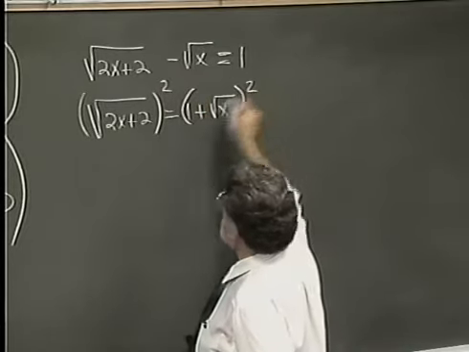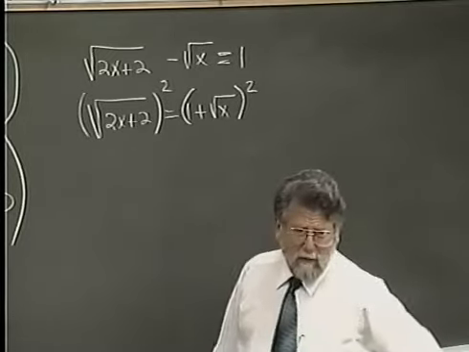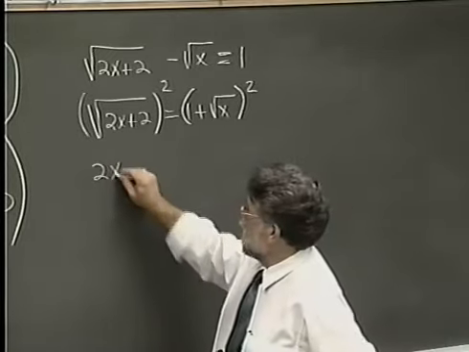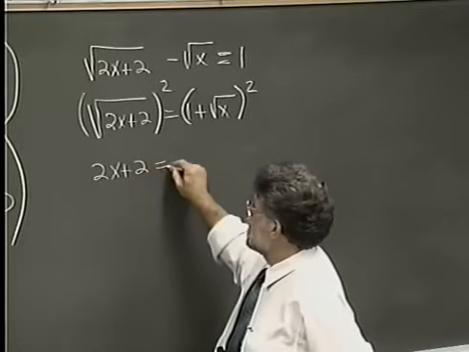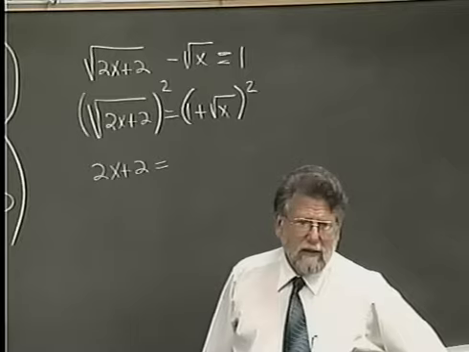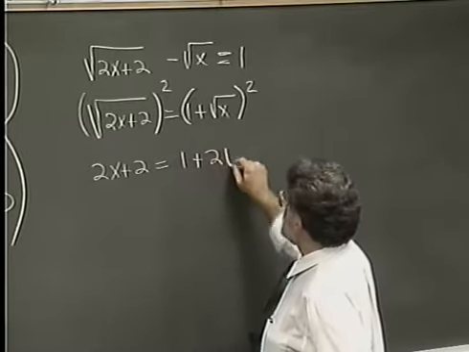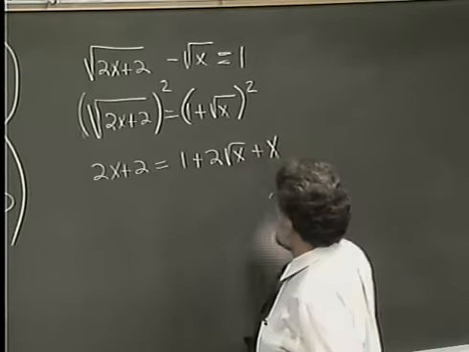So far, things were going well. The left side, we're doing well on that. You got 2x plus 2. And this is where we lost it. We forgot the middle term. Because this is 1 plus 2 times the square root of x plus x.